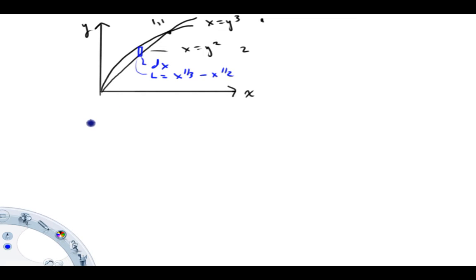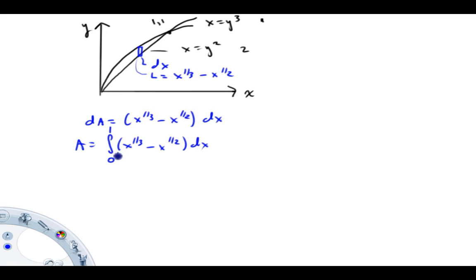The area of that rectangle, that would be a dA, is equal to the length, x to the 1/3 minus x to the 1/2, times its width, dx. The total area we get by summing these all up, and that's what the integral does. This symbol literally is a stretched S for sum. So it's going to be a sum, basically, from 0 to 1 of the quantity x to the 1/3 minus x to the 1/2 dx.